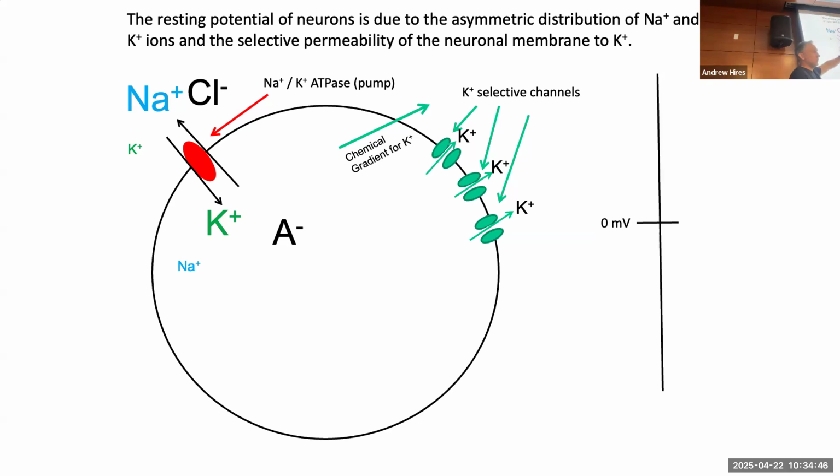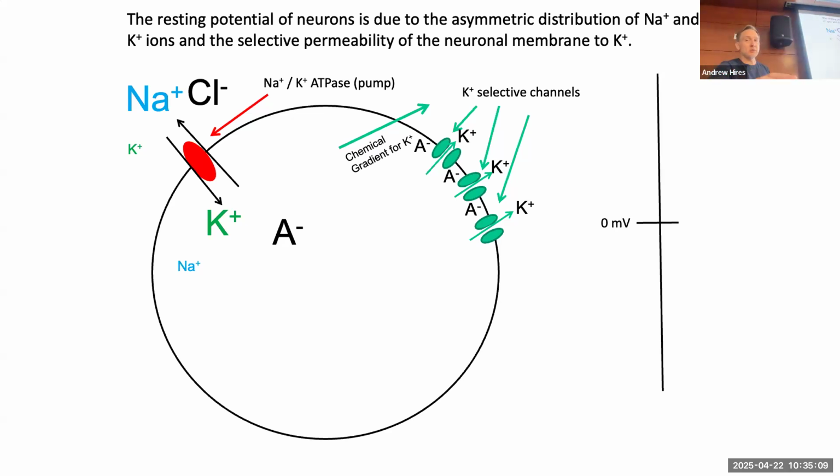The electrical charge is going to want to pull the potassium back into the cell, right? Because if the inside of the cell is negatively charged, there are these anions sitting here, the potassium ions can feel that, and that's tugging the potassium back into the cell. However, there's such an imbalance in potassium. There's so much potassium inside the cell versus outside of the cell.